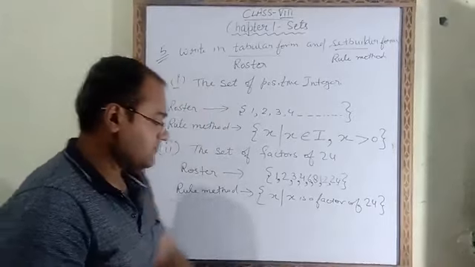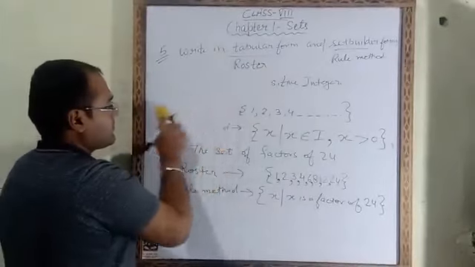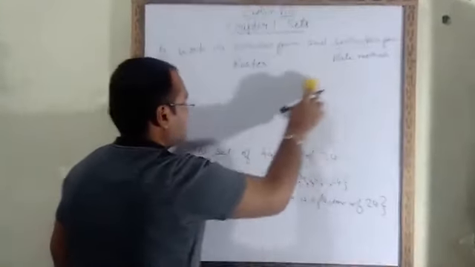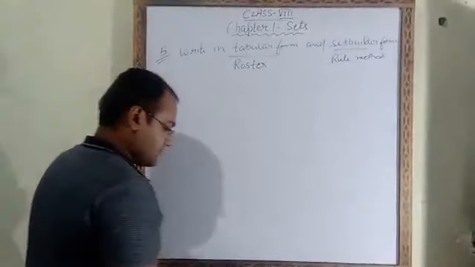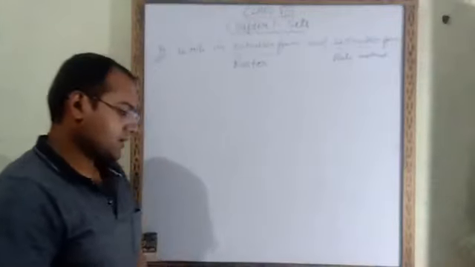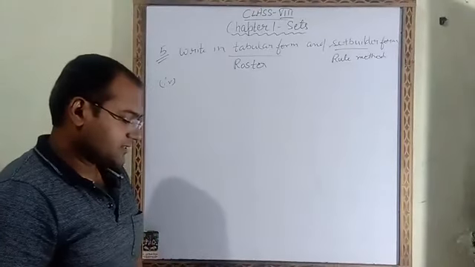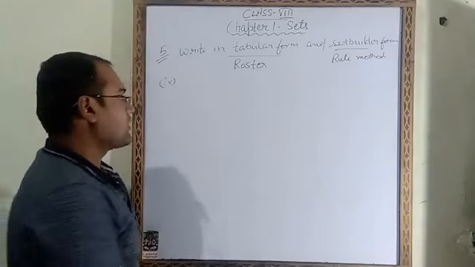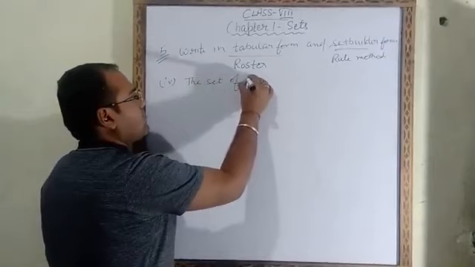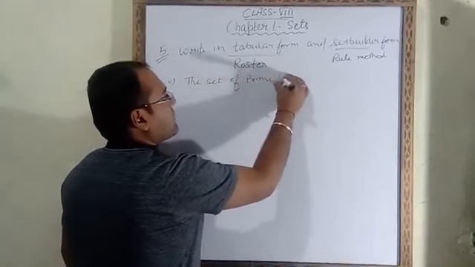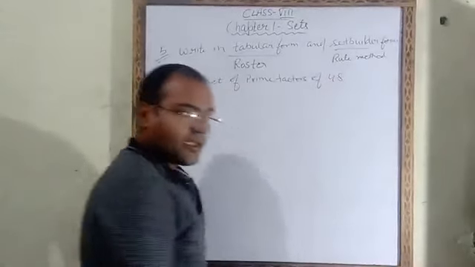See the next part. Fourth part. The fourth part is the set of prime factors of 48.